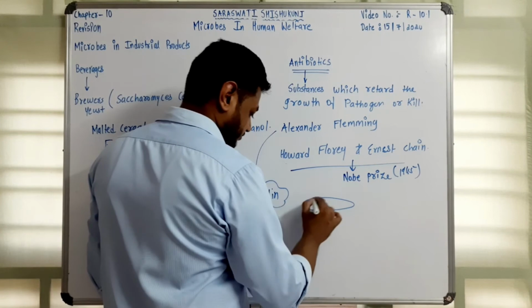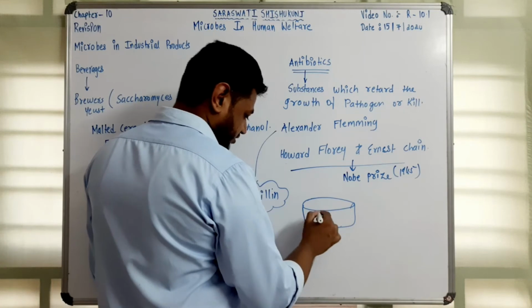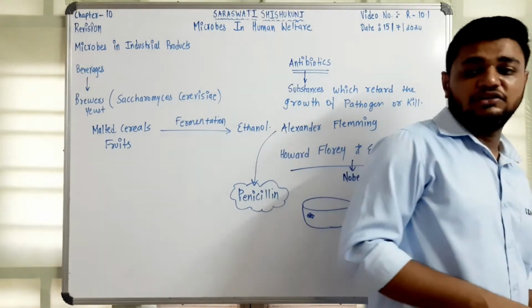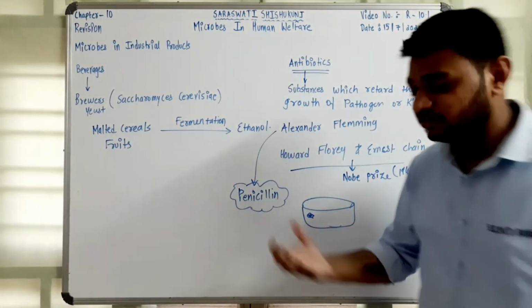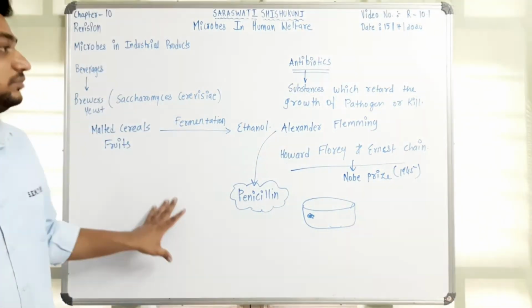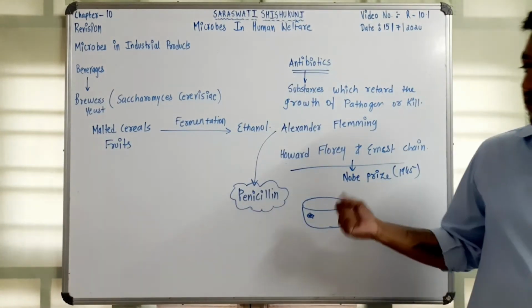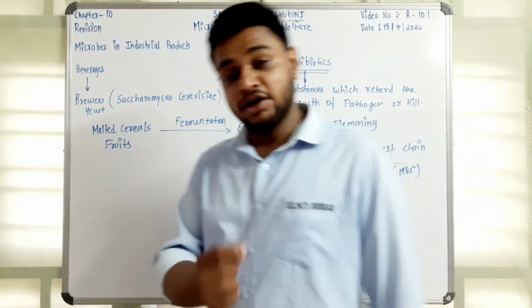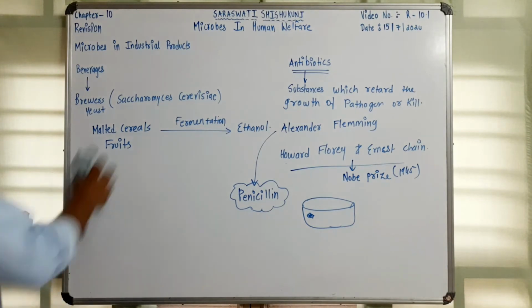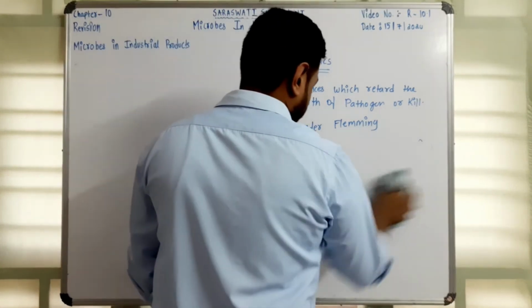So if you think of a petri dish where there is a fungus, the bacteria were not able to grow around it, and by this he got to know that there is a release of certain chemicals from Penicillium notatum which is inhibiting the growth of the bacteria. In this way the antibiotic was discovered, and later on they got the Nobel Prize. So this is about the antibiotics.